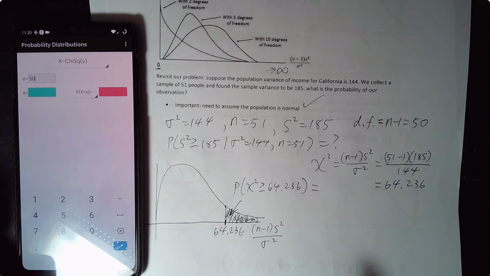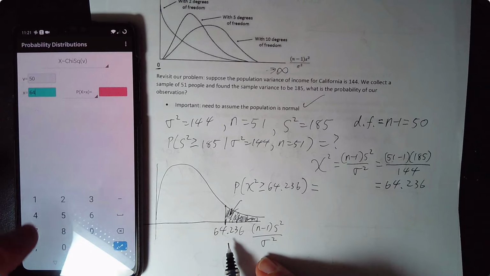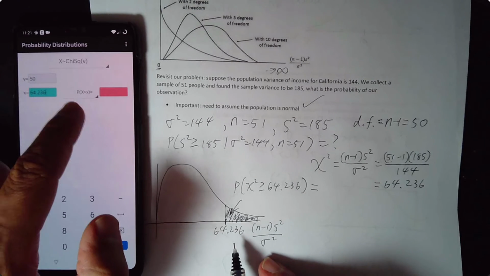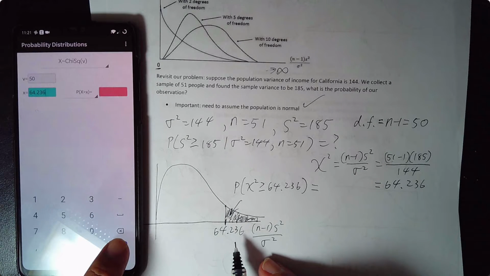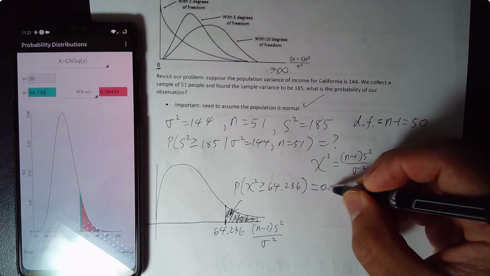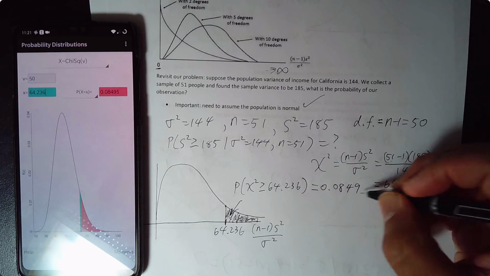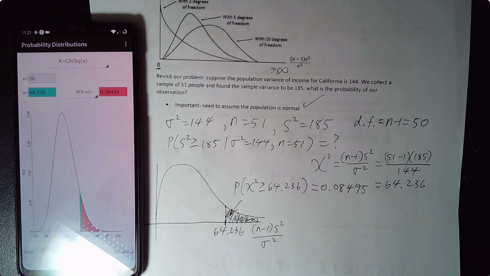Then I put in my x value, which is 64.236. Then I want the probability x is greater than this x, so I want the right tail. That's good, and there we go. That shows me it is 0.0849, or 0.0849. Okay, and so that is that probability.